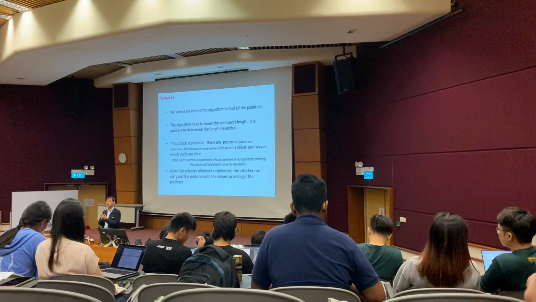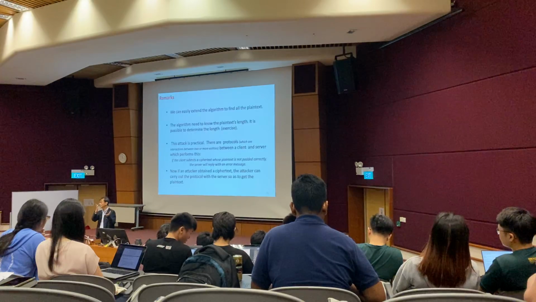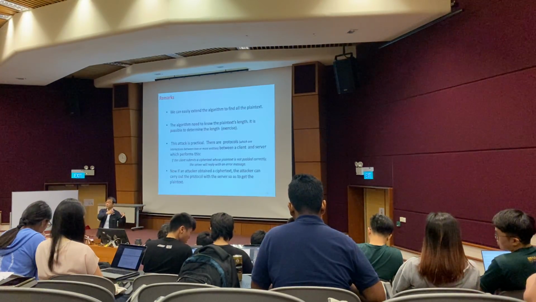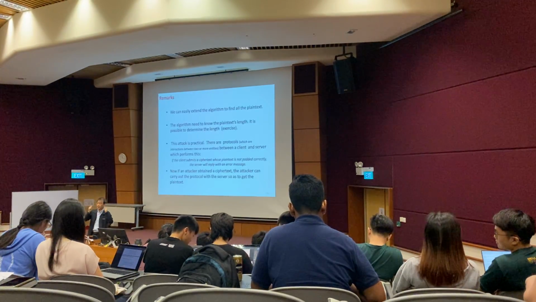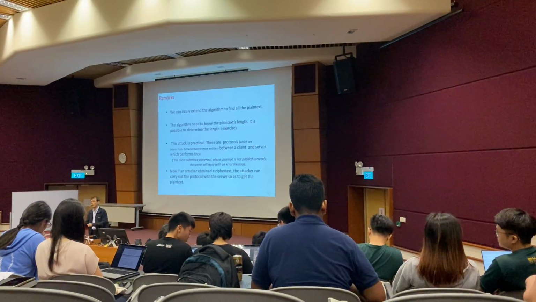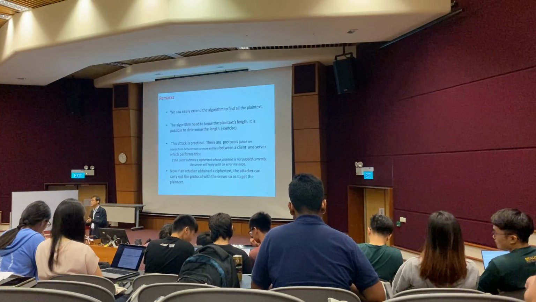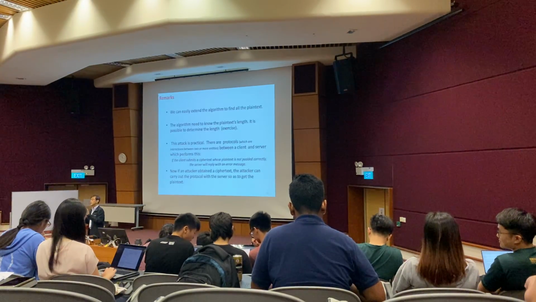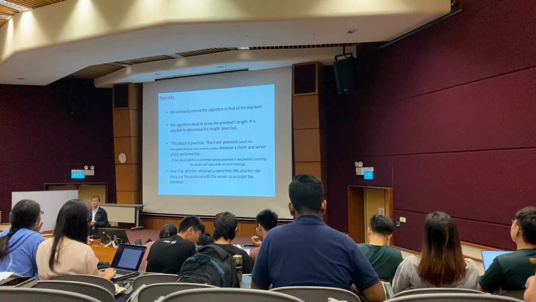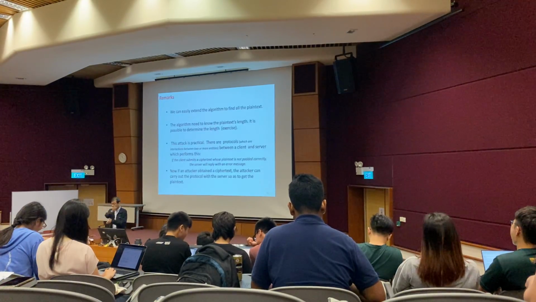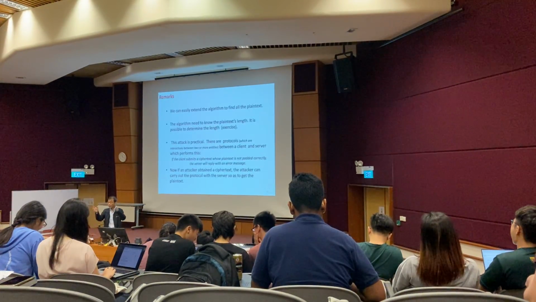So the server doesn't directly say that the plain text is wrong, but by observing the behavior of the server, the client can infer whether the format is correct or wrong. So this is a protocol.